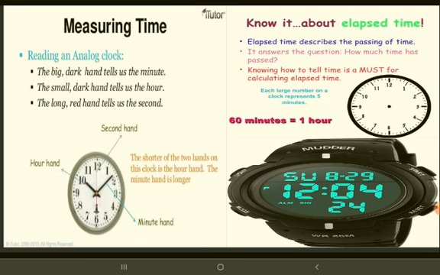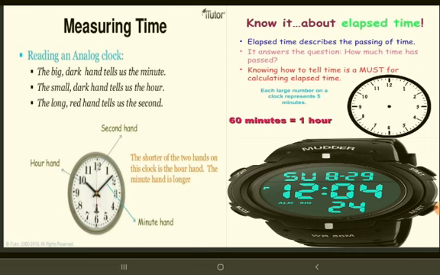This shows time. The big dark hand tells the minute, the small dark hand tells the hour, and the long red hand tells the second.